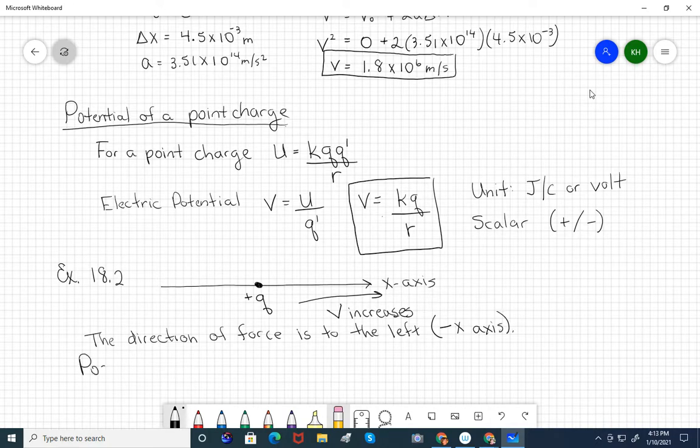Which means it moves towards the negative x-axis. Positive charges naturally move from high to low potential.